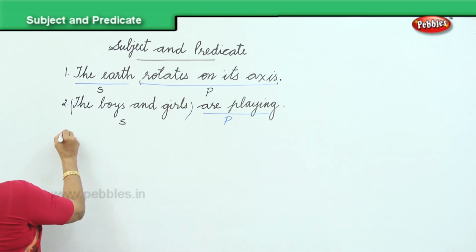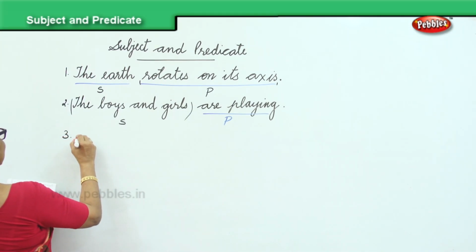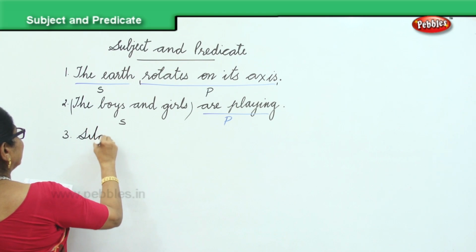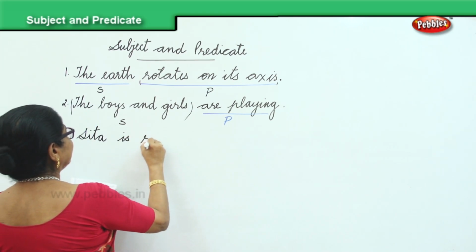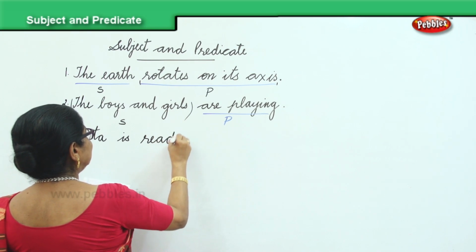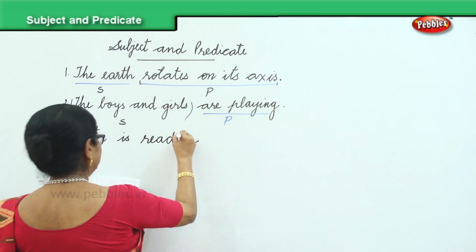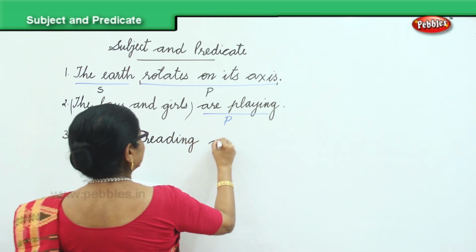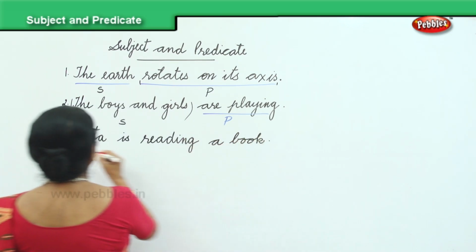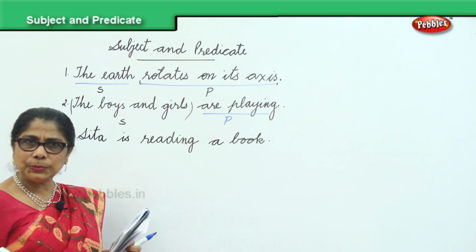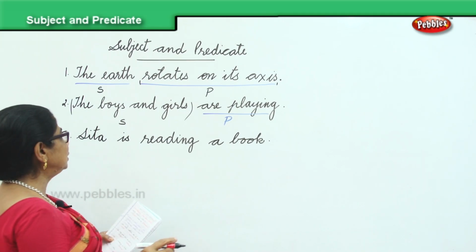Next. Sita is reading a book. Again, it's a complete sentence. It begins with a capital letter. It ends with the full stop. And who is the most important?